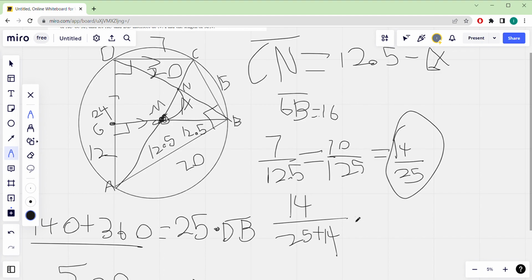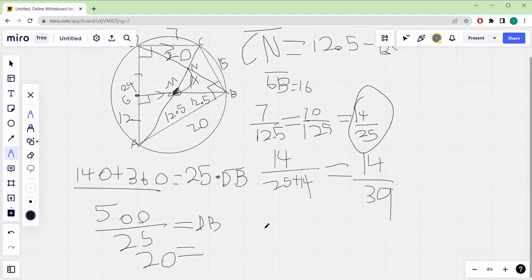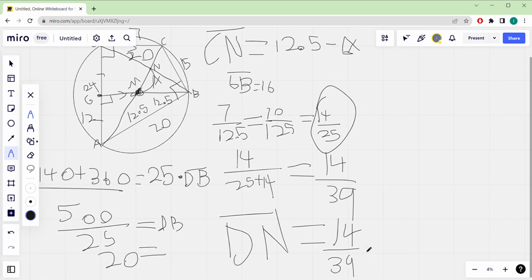So it's just going to be 14 over 39. So basically DN is equal to 14/39 of 20, because that's the whole length of DB.